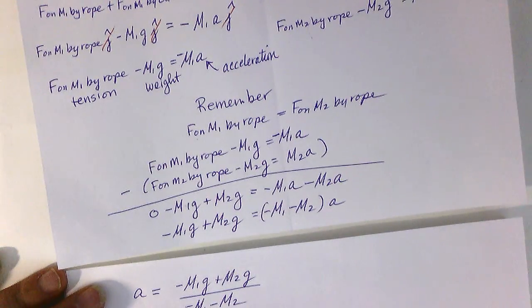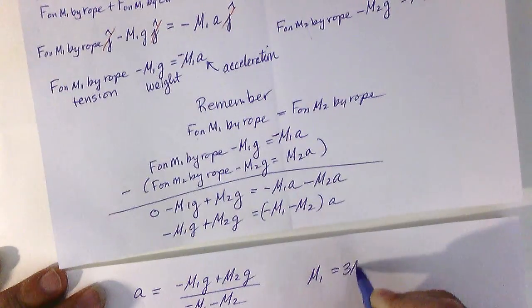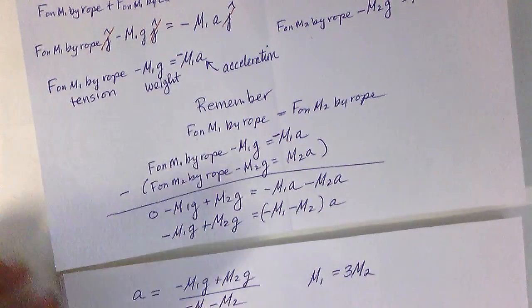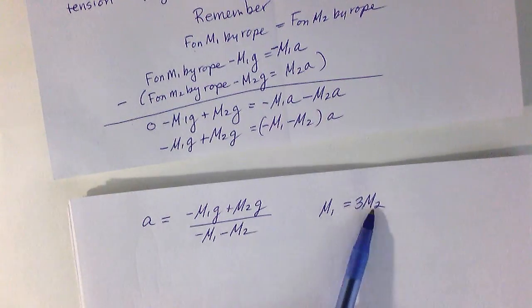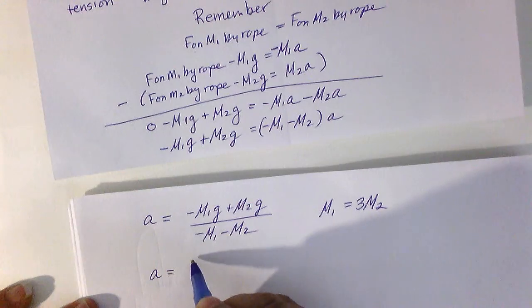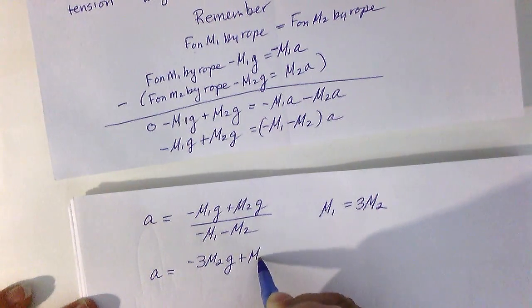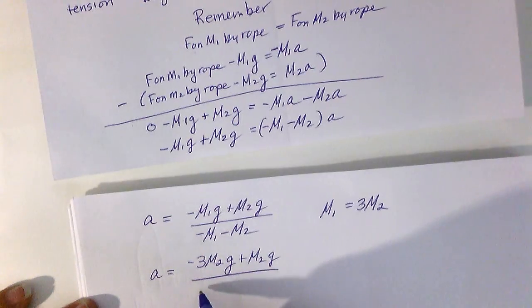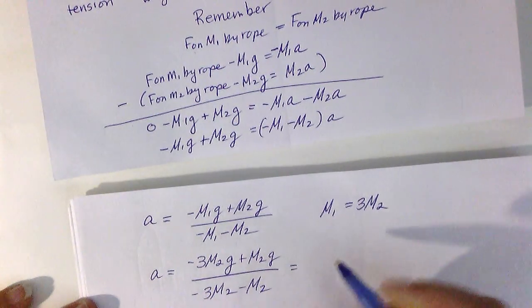Okay, this is solving for A, but I also know that M1 is equal to 3 times M2. So I'm going to substitute this in for all my M1s. So the acceleration is equal to negative 3 M2 G plus M2 G, all divided by negative 3 M2 minus M2.